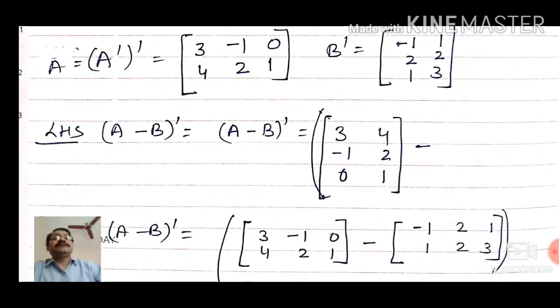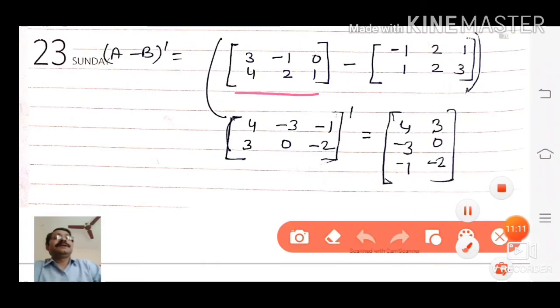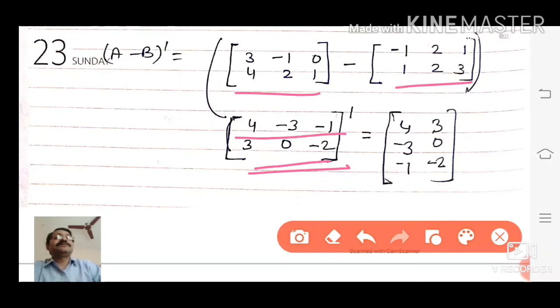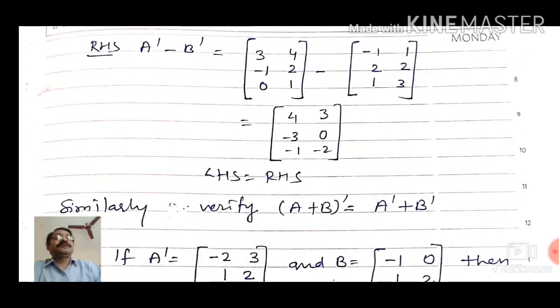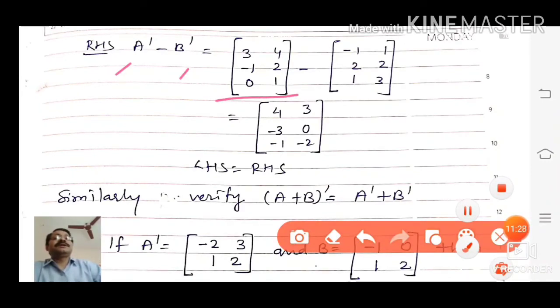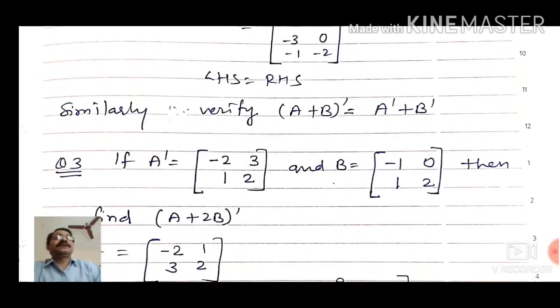Now in the left hand side you put the values: (A minus B) dash equals, you put A and B here and subtract, you get this part. Now you transpose, first row to first column, second row to second column, and you get your answer. Similarly, the right hand side you also prove: this is A transpose and B transpose, subtract them and you get this value. Now the left hand side and right hand side are both equal, so it is verified.